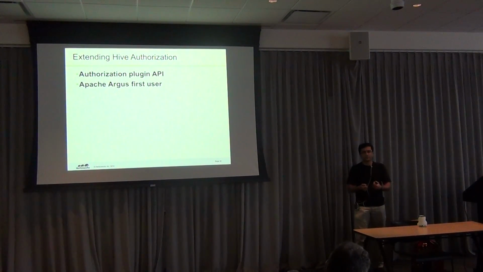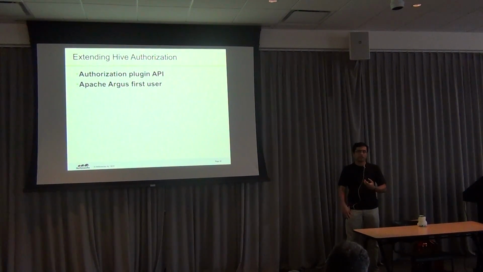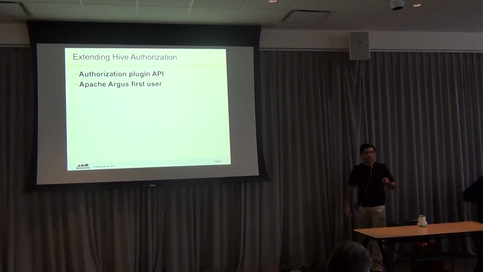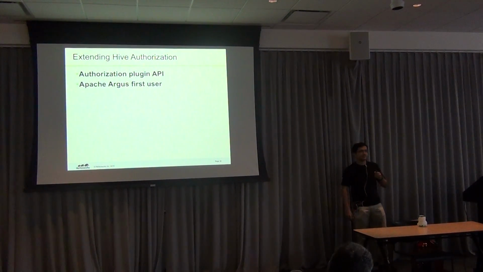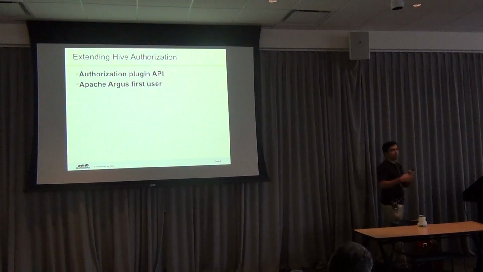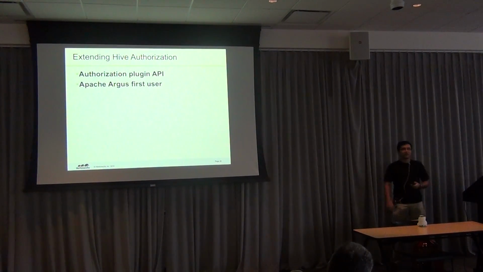If you have very specific needs, you can use this API to have your custom authorization implementation. And Apache Argus, which is a new incubating project in Apache, is the first user of this interface. Bosco will be talking about Argus in more detail in the next talk.